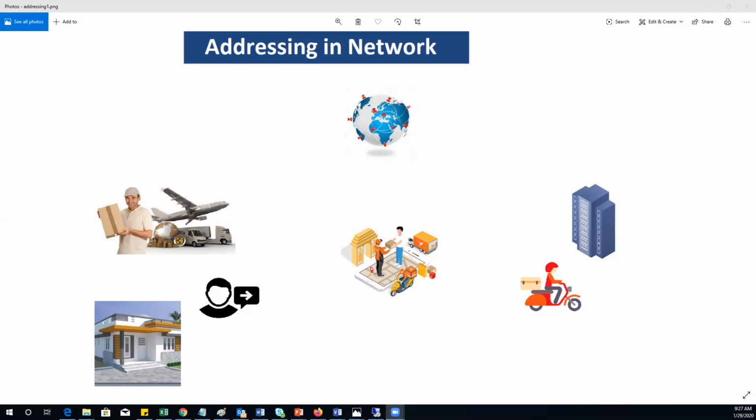Let's compare for another time the real world scenario related to the communication. If you see in the image, if we are going to use the courier services right now in our society or in our city, so you know that for sending, if this is my source address or source site, and the second thing here is the destination.